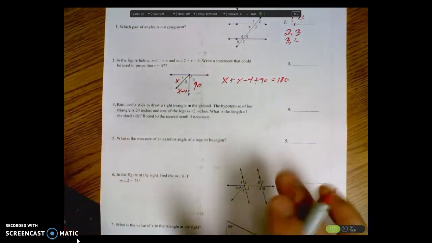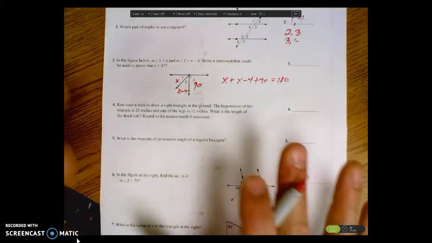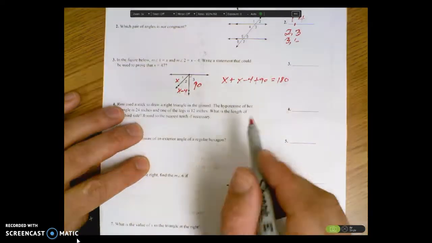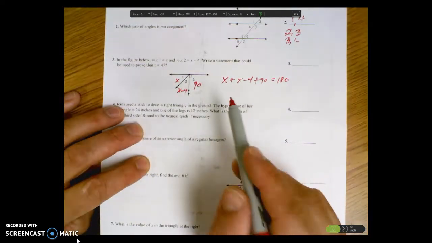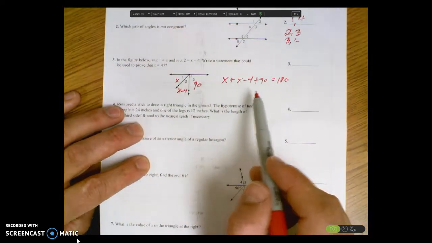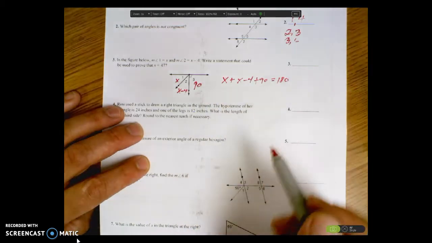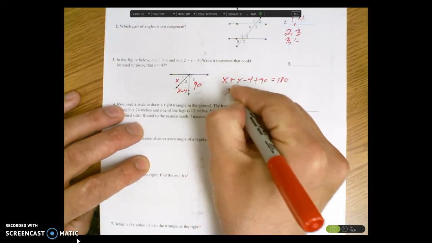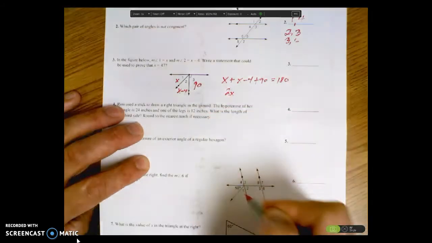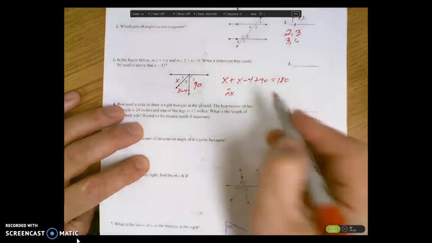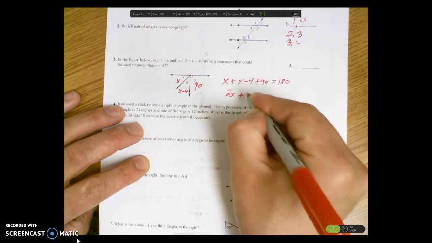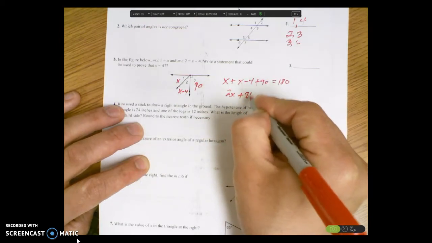Now, before I do any of what I call algebra moves, adding or subtracting, multiplying or dividing to both sides of the equation, I need to combine like terms. Distribute is usually what I say in combine like terms, but there are no parentheses here, so we don't have to distribute. x plus x is 2x. Okay. And negative 4 plus 90 is positive 86.